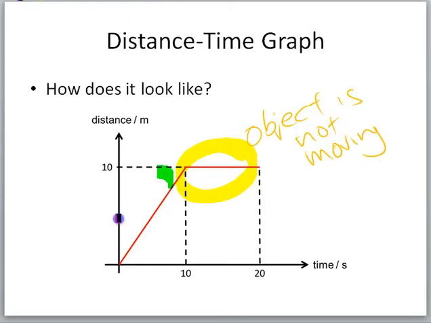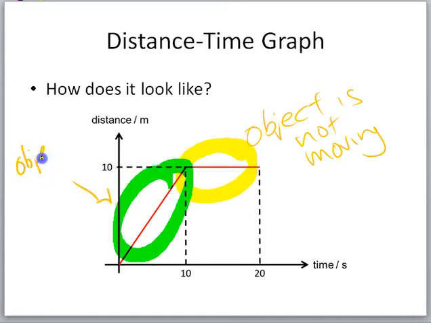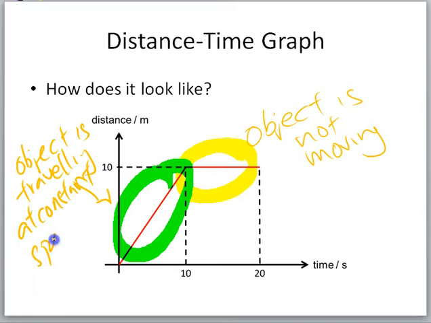For this part here, you know that my object is traveling at constant speed, because it is a straight line slope.